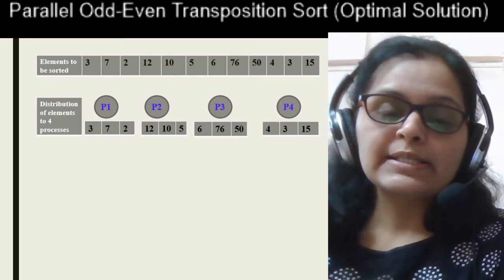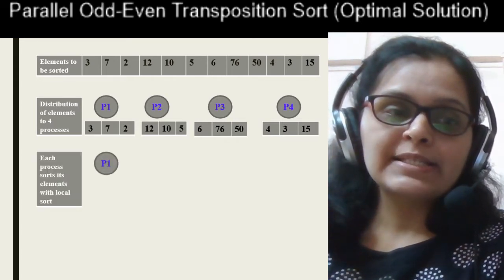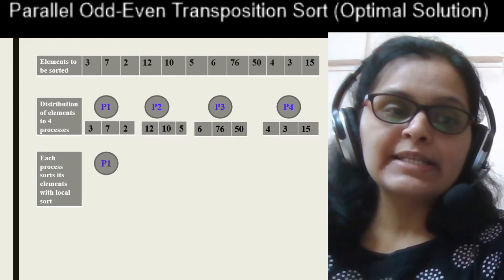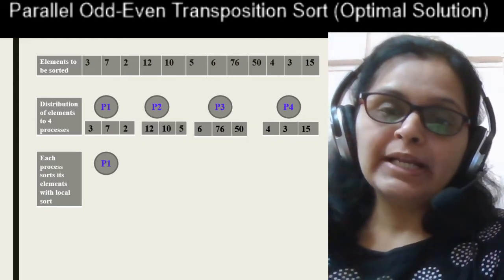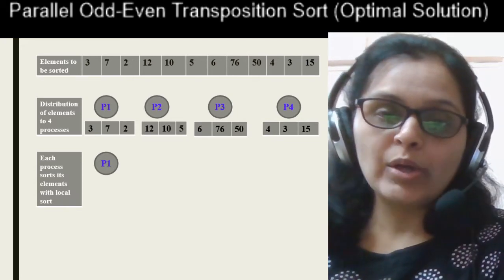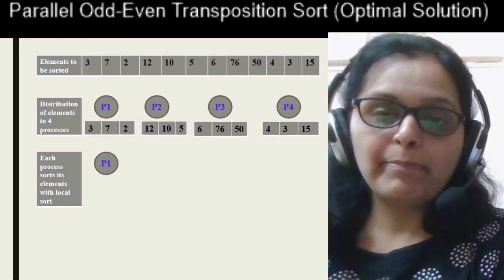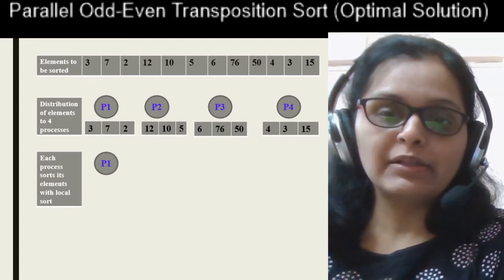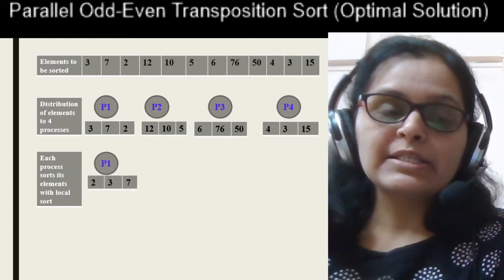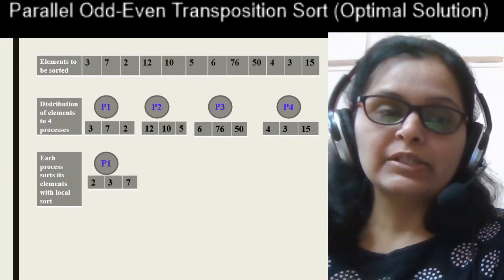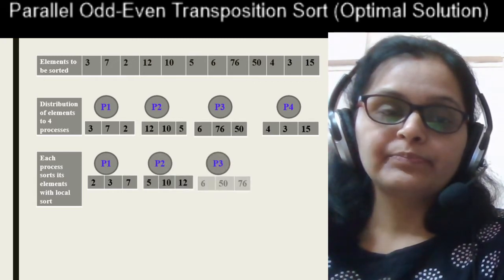Now let us see what happens next. So each process sorts its elements with local sorts. So locally each process will sort its elements, and all this sorting will again happen parallelly because we are doing parallel formulation. So P1 is sorting its partial array, P2 is sorting its partial array, like this.